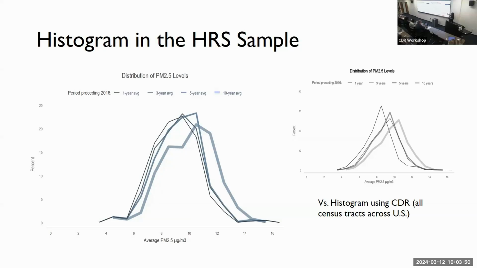And it kind of resembles it, but it's also slightly different. So you may want to understand whether your sample may not be representative of the United States, and you want to take that into account when you approach your research question.